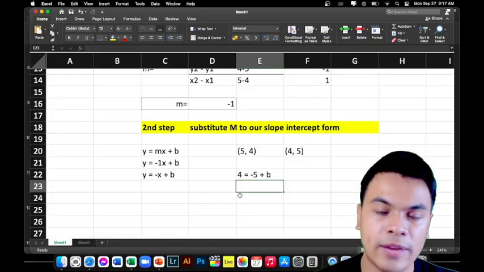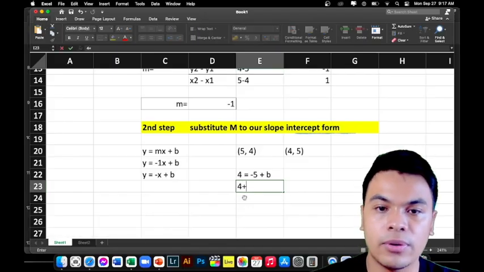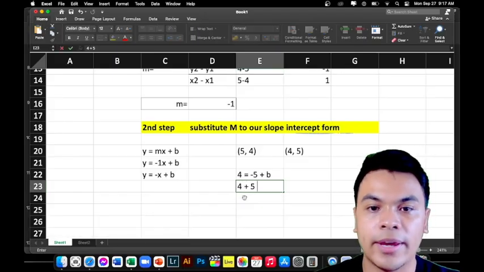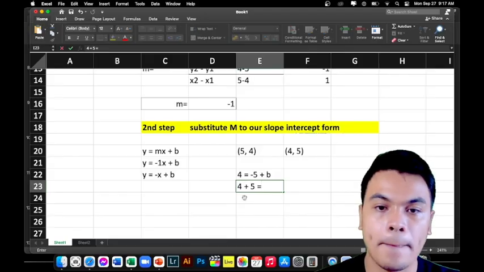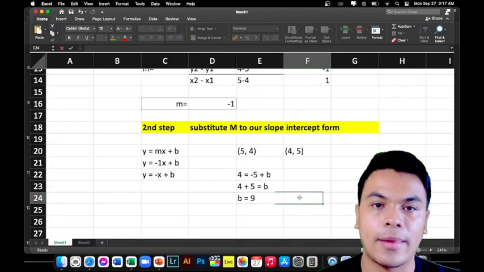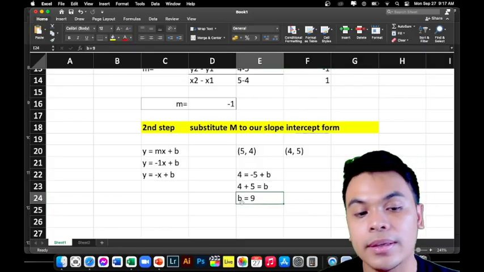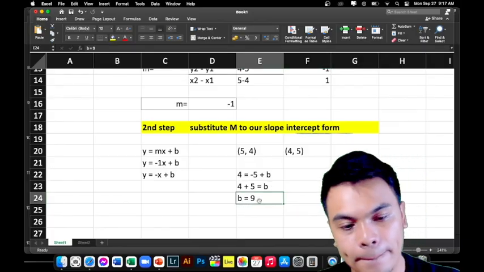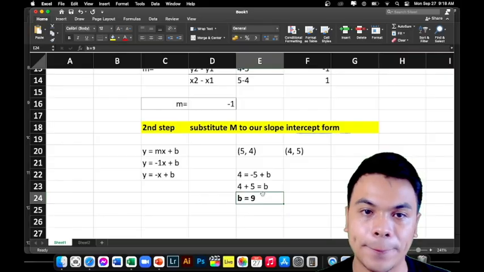We transpose 5 to the other side. So, this is now 4 plus 5 is equal to b. Or b is equal to 9. Okay? This is now our y-intercept. Ayan, 9.